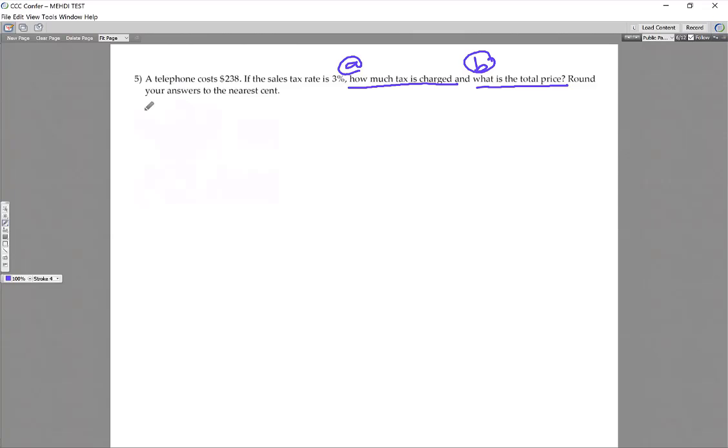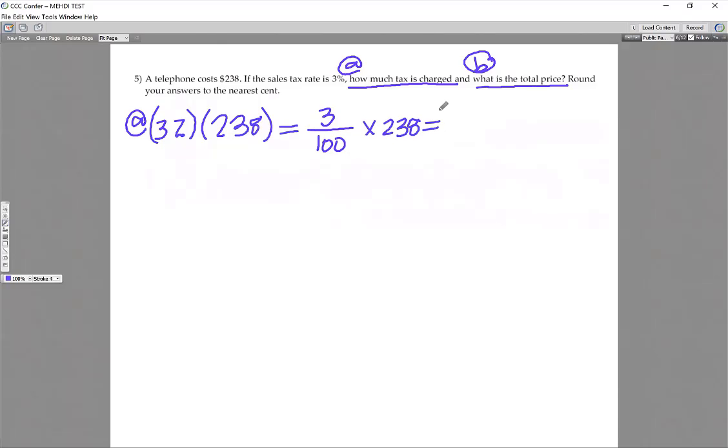So for A, to solve how much tax is charged, we know that the tax rate is 3%. So we need to multiply that by our telephone cost of $238. To make it more calculator friendly, we know that 3% is the same as 3 over 100, which can also be converted to a decimal. So 3 becomes 0.03.